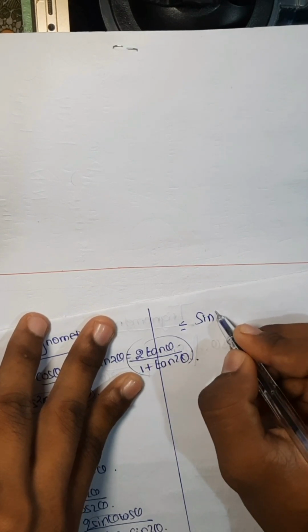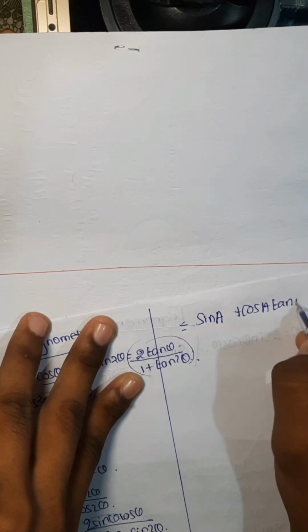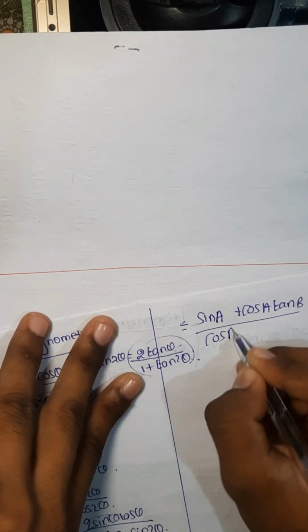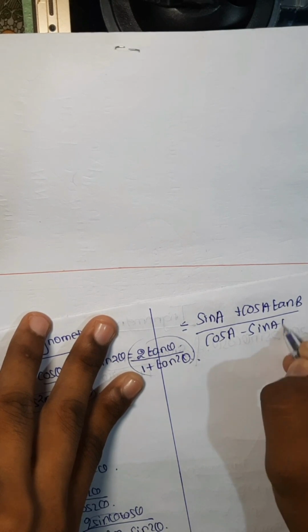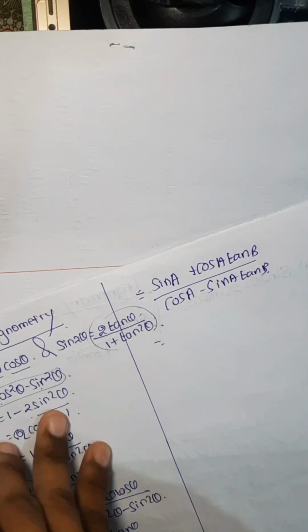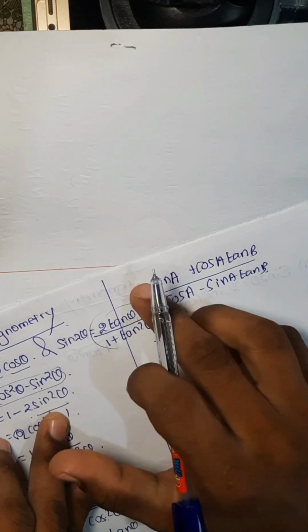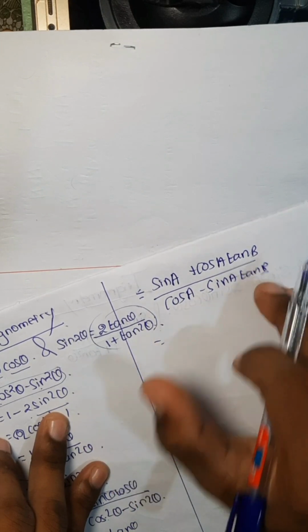Therefore, tan(A+B) is equal to (sin A + cos A tan B) over (cos A − sin A tan B). But we have to simplify this form into tan. Totally, this term must be in tan.